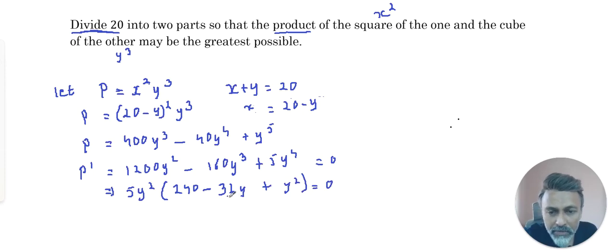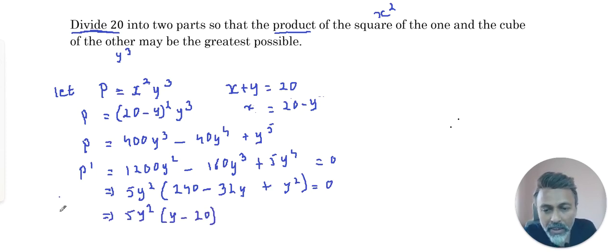Factors are 20 and 12. We can continue writing 5y square into y minus 20 into y minus 12 is equal to 0. We can divide by 5, and then y square is 0, so y can be 0, y can be 20, or y can be 12.